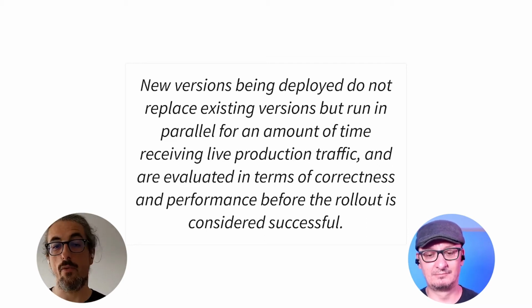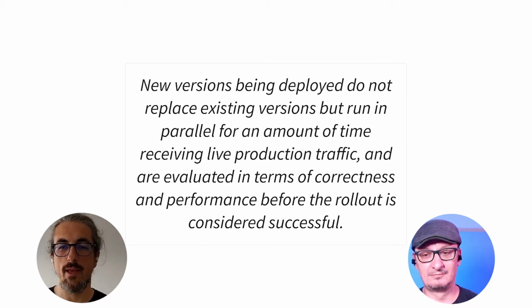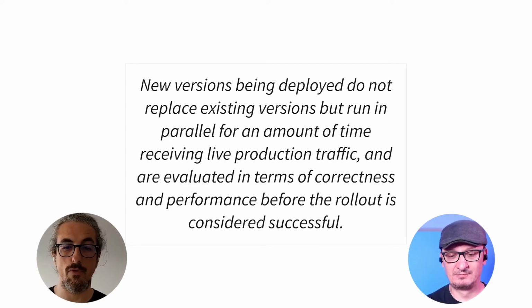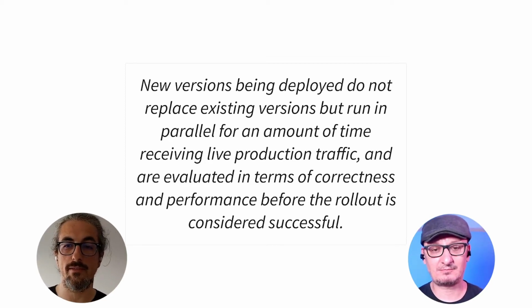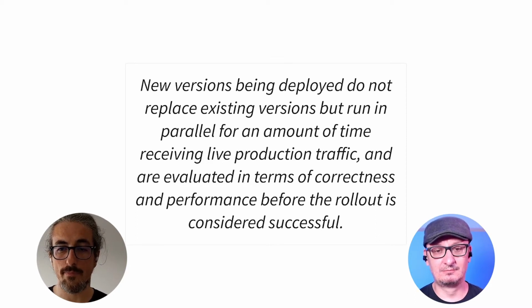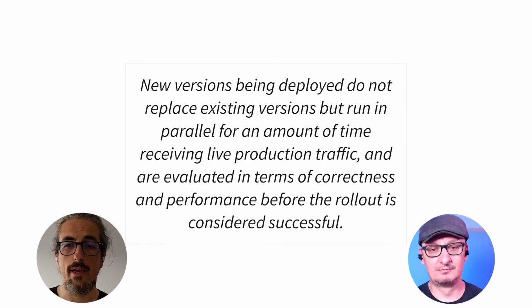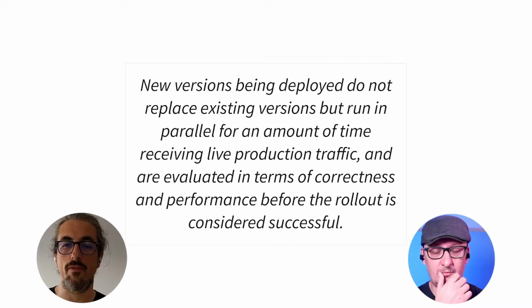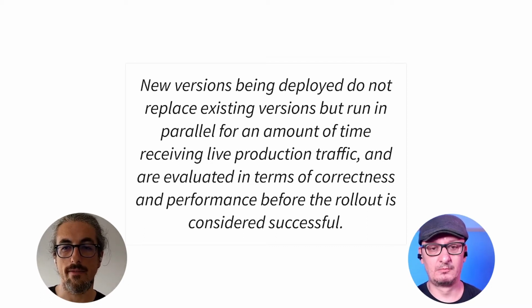And then you evaluate whether this new version is behaving correctly. And if so, then you can send more traffic to the new version. But if for whatever reason the new version doesn't behave as you expected, then you can start rolling back to the old version. And this is very immediate or fast. And just a percentage of your users could get affected.